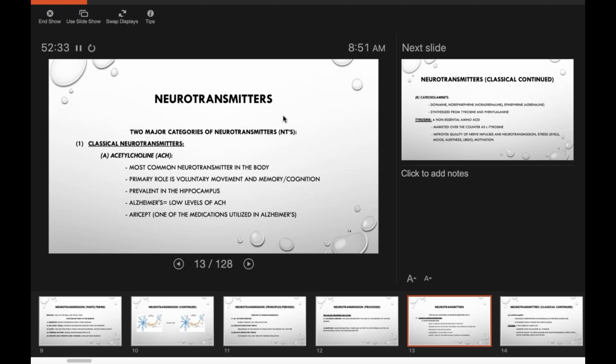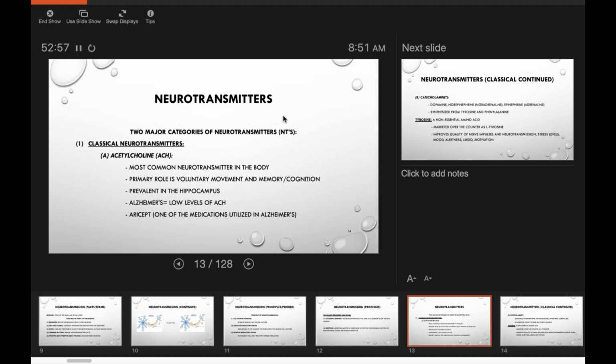The most prevalent in our body is acetylcholine. Its primary role is voluntary movement and memory. It's stored primarily in the hippocampus of the brain.